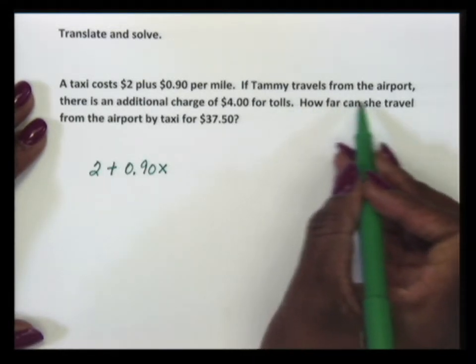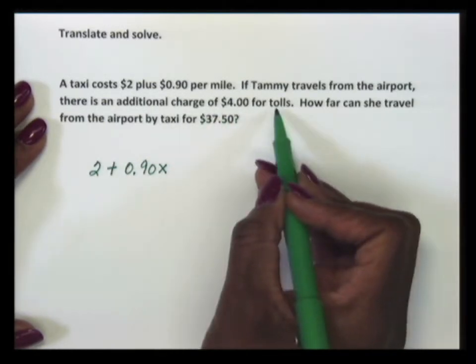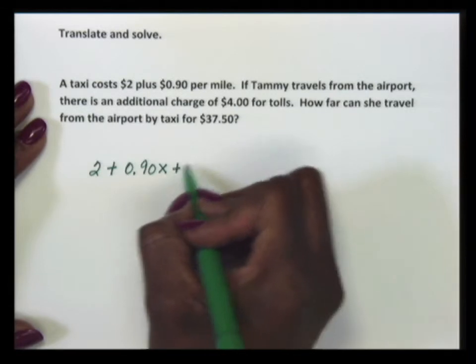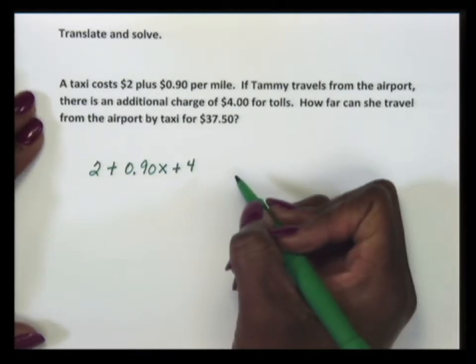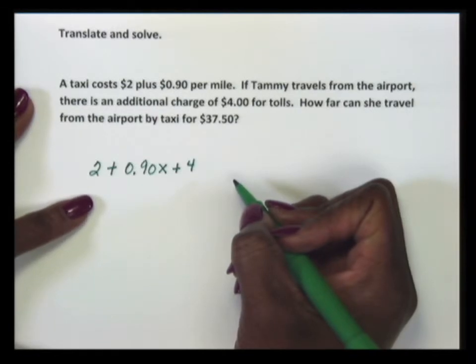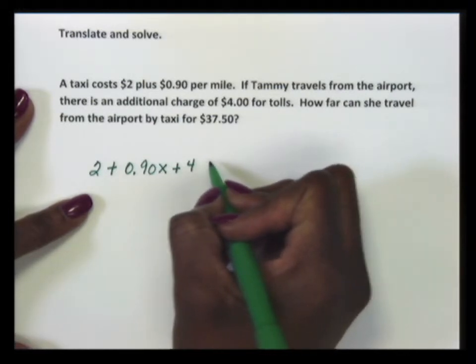If Tammy travels from the airport, there is an additional charge of $4 for tolls. So here, the word additional means that we are adding $4 for tolls. We again want to know how far she can travel from the airport by taxi for $37.50.